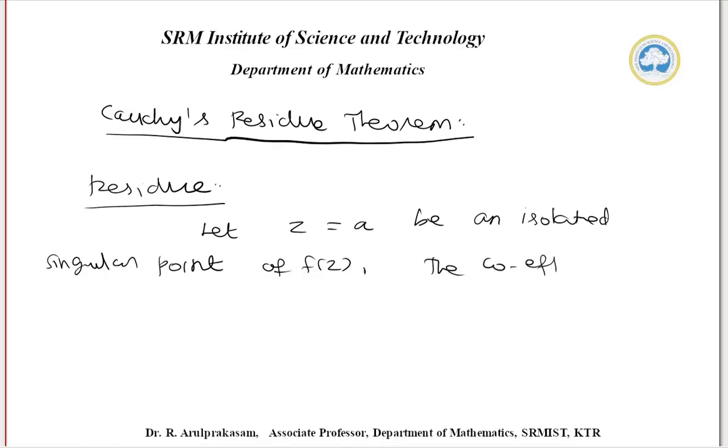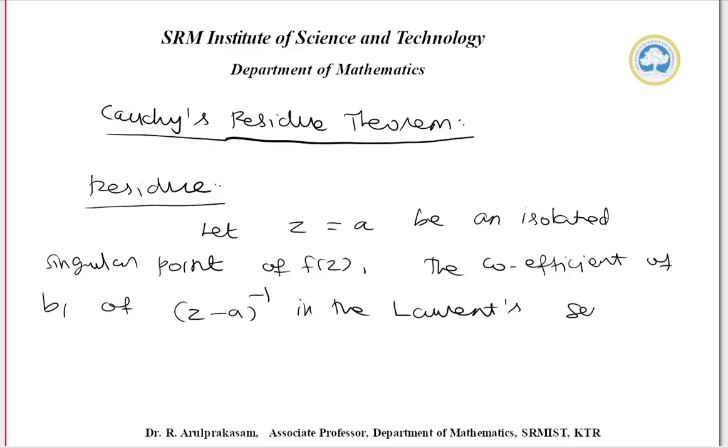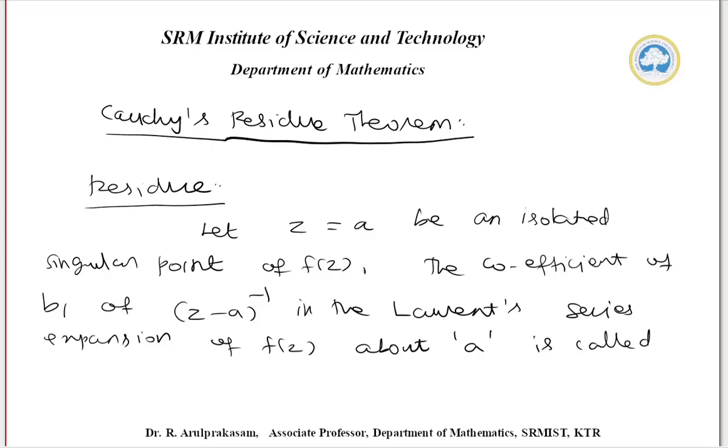The coefficient b1 of (z minus a) to the power minus 1 in the Laurent series expansion of the function f of z about a point a is called the residue of f of z at z equal to a.